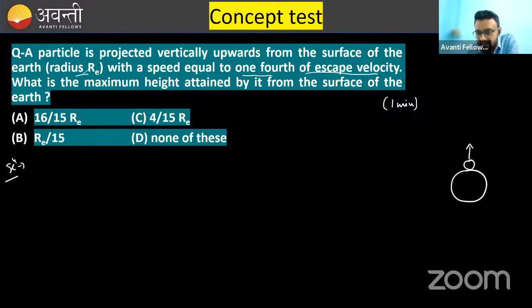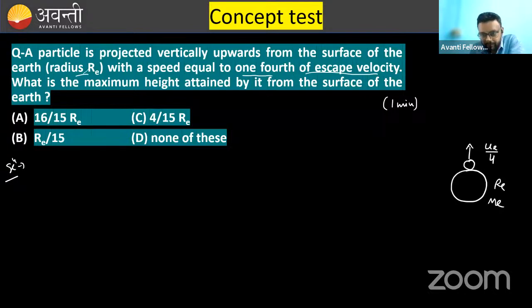So what is the escape velocity? You will say UE is the escape velocity, and it is thrown with one-fourth of the escape velocity. So this is the initial velocity given to the ball. The radius of the earth is RE, the mass of the earth is ME, that we can take. What is the maximum height attained by it from the surface of the earth?